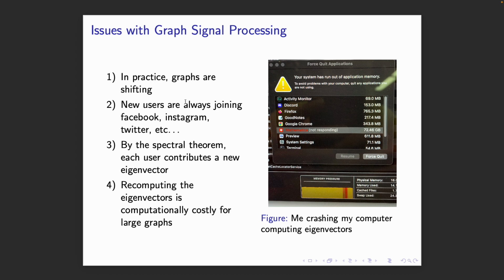And as the graph gets larger and larger, it gets more computationally difficult to compute those eigenvectors. On the right, not my proudest moment, I was computing eigenvectors of a 9,000 vertex graph, and I ended up crashing my computer after using 72 gigabytes of memory.